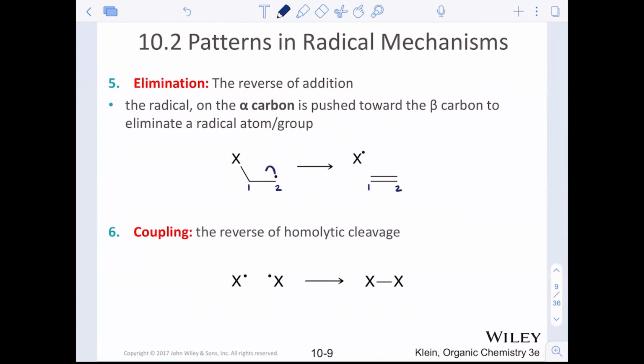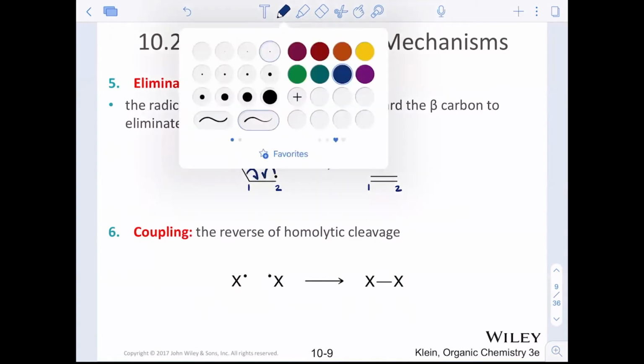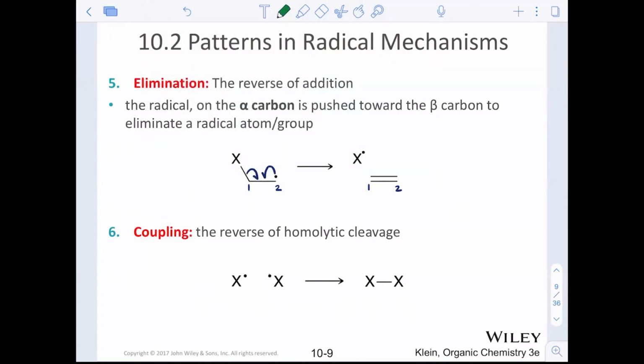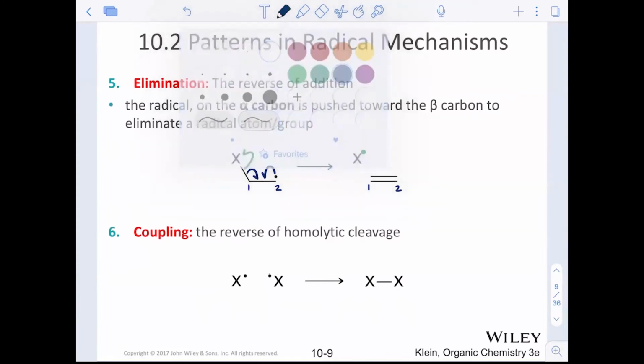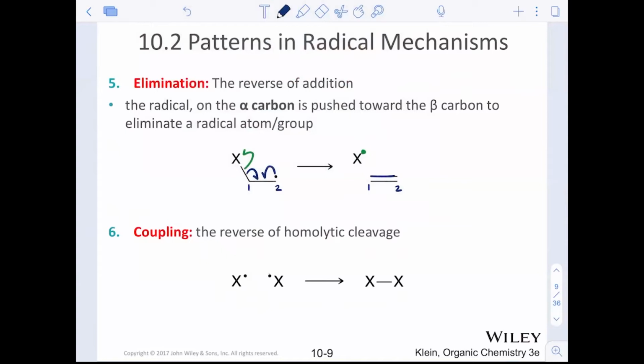We are going to make a pi bond by sharing a radical from carbon 2 and one electron from the sigma bond on carbon 1. The rest of the sigma bond is going to make that radical on X appear. So we can make new pi bonds via radical elimination.